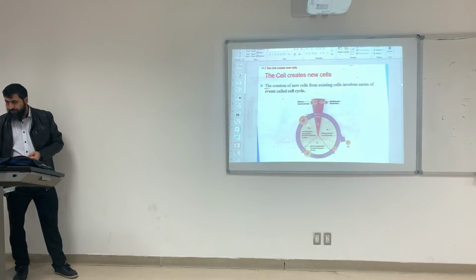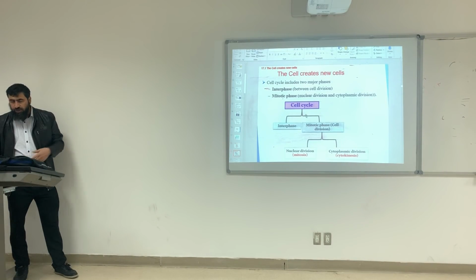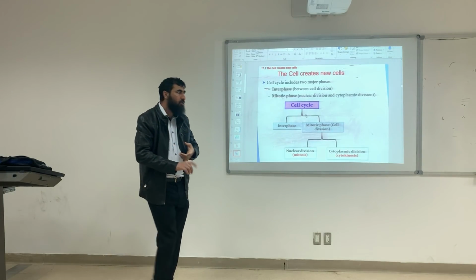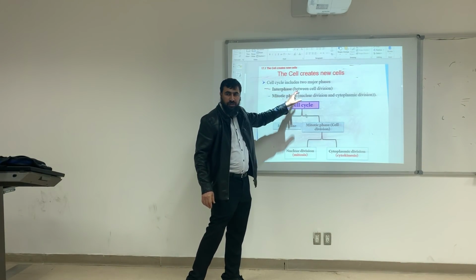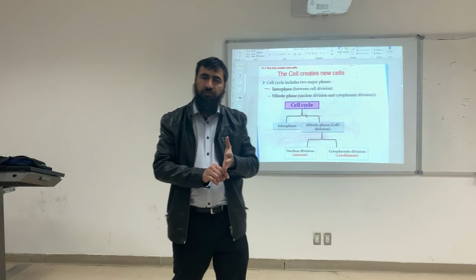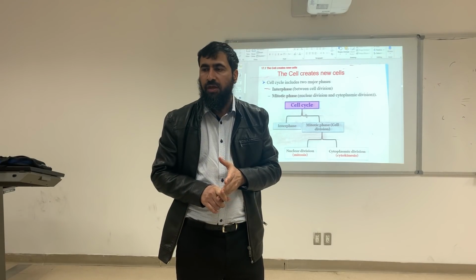Alright, the cell cycle. We'll talk about the cell cycle in terms of mitosis first. The two phases: we have the interphase, which is the longest, between the cell divisions. What happens in the interphase? Duplication of DNA and organelles.